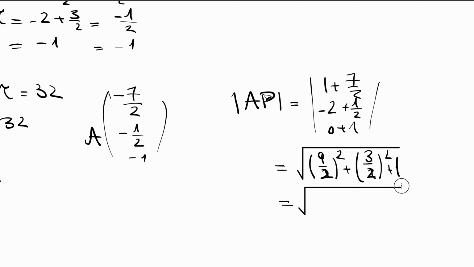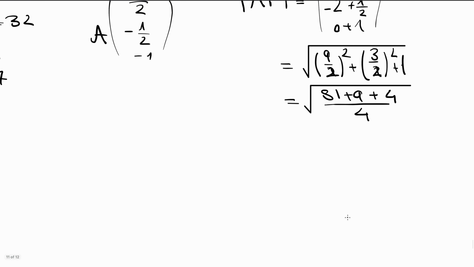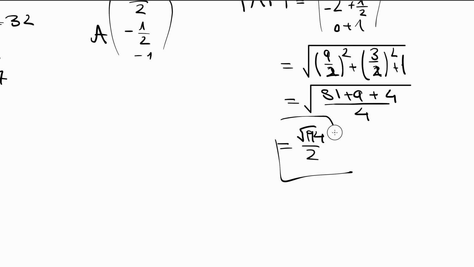This will equal the square root of 1 over 4 times (81 plus 9 plus 4). Bring out the 1 over 4 and this will be 1 over 2, and 81 plus 9 plus 4 is 94. So radical 94 over 2 is your answer for the distance between L and P3.